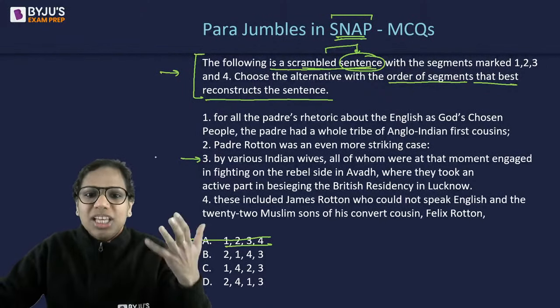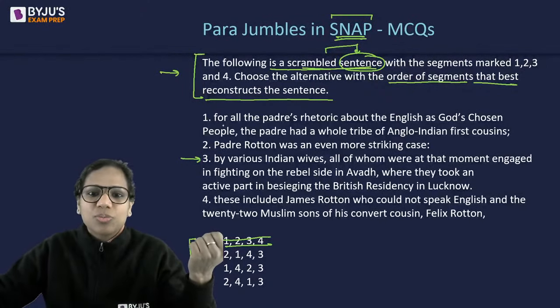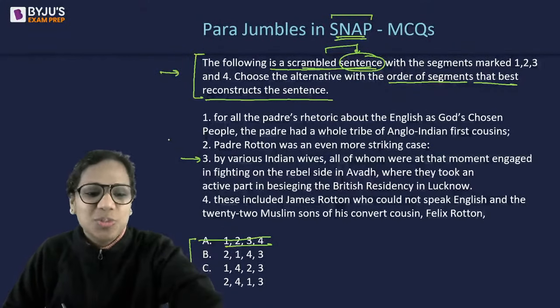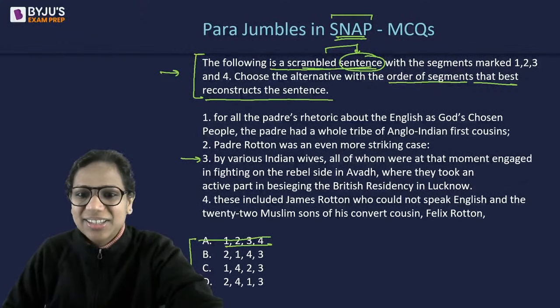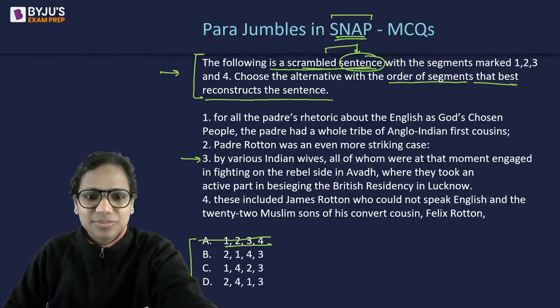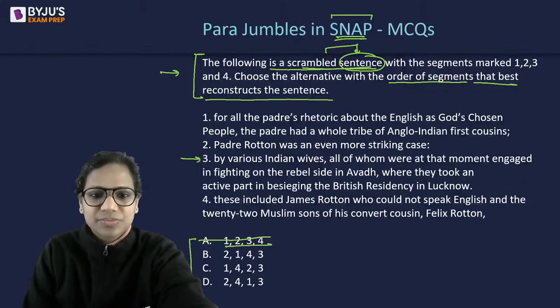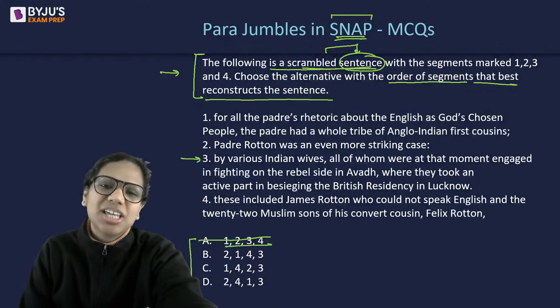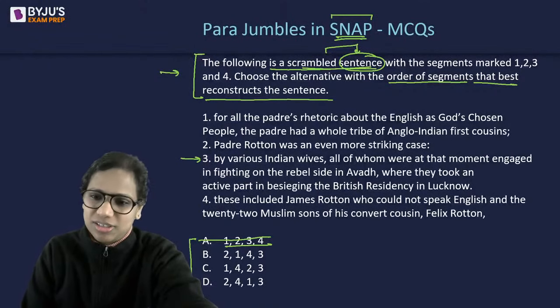Now operate with the help of these punctuation marks. Of course, relate them thematically and tell me what the answer should be. And the concepts that you apply are going to be very similar. Absolutely, Sham.